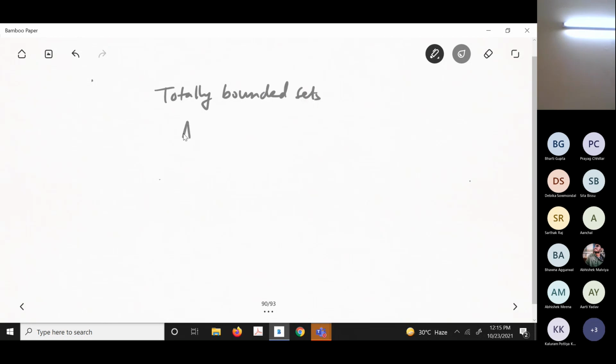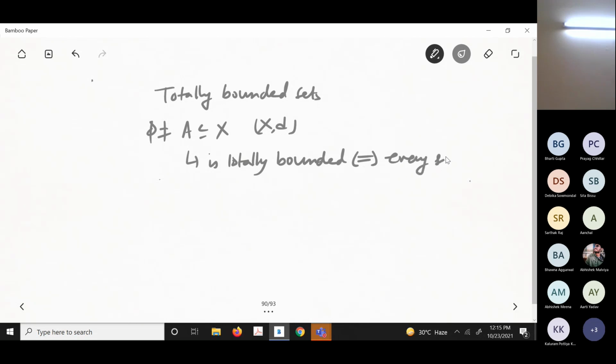That means if A is a subset of X, (X, d) is a metric space, then A, of course you can assume A is non-empty, then A is totally bounded if and only if every sequence in A has a Cauchy subsequence.